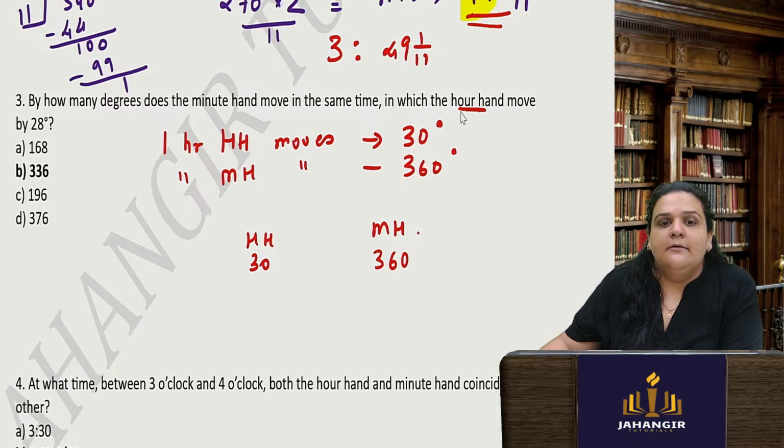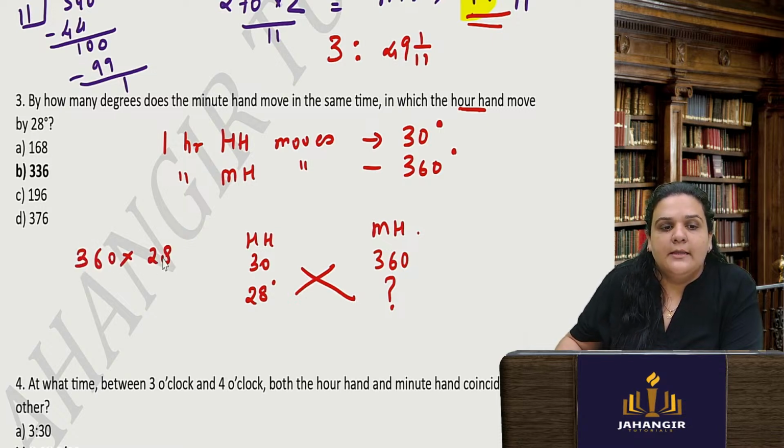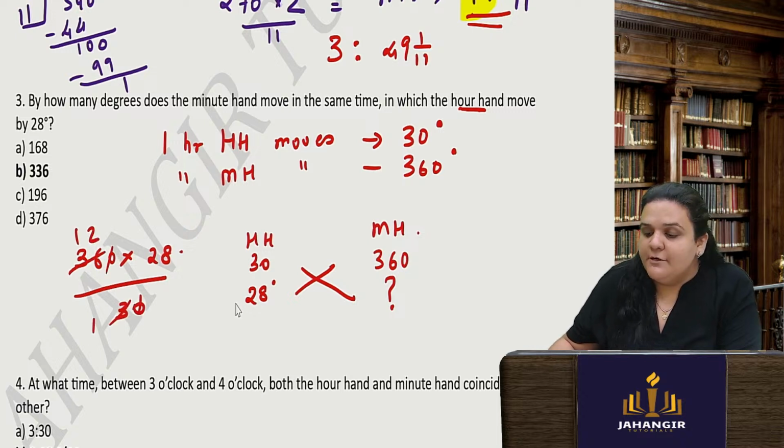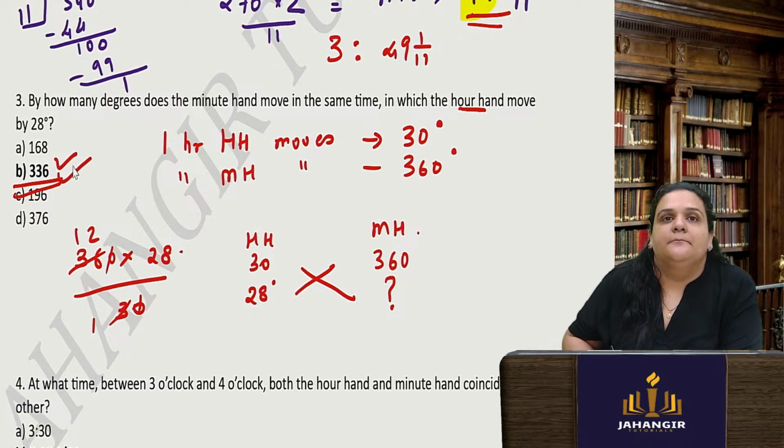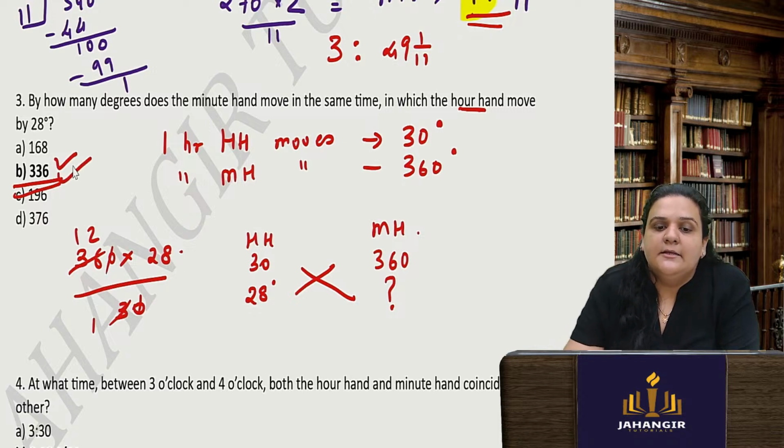Now, in that same time, if the hour hand moves 28, how much will the minute hand move? We will do cross multiplication. So it will be 360 into 28 upon 30, which is 12 into 28, so 336 is the answer.